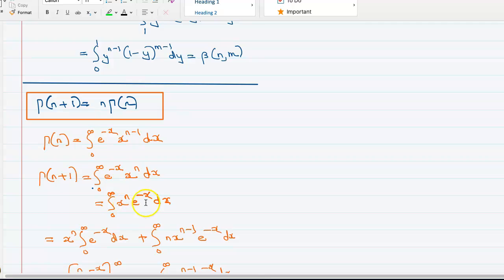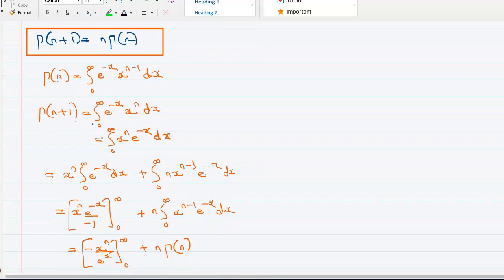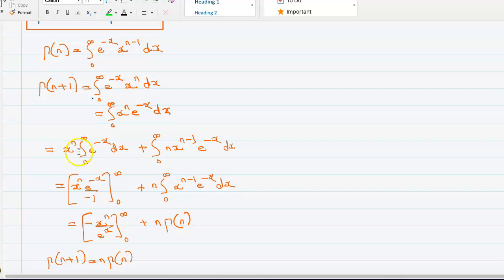So if you integrate by parts, taking x raised to n as the first function, it is x raised to n integral 0 to infinity e raised to minus x dx, minus integral 0 to infinity n x raised to n minus 1, minus e raised to minus x dx. So minus minus will give you plus. So when you integrate, you get x raised to n e raised to minus x by minus 1 within the limit 0 to infinity, plus n integral 0 to infinity x raised to n minus 1 e raised to minus x dx.